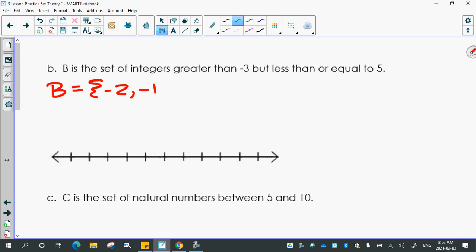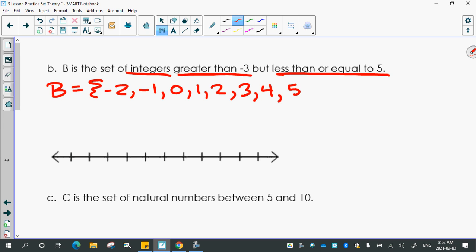And then the next smallest would be -1. So the clues in this are integers, and then greater than -3, but less than or equal to 5. So 0's in the set, 1's in the set, 2, 3, 4. Is 5 in the set? Yes, because less than or equal to. You see that?